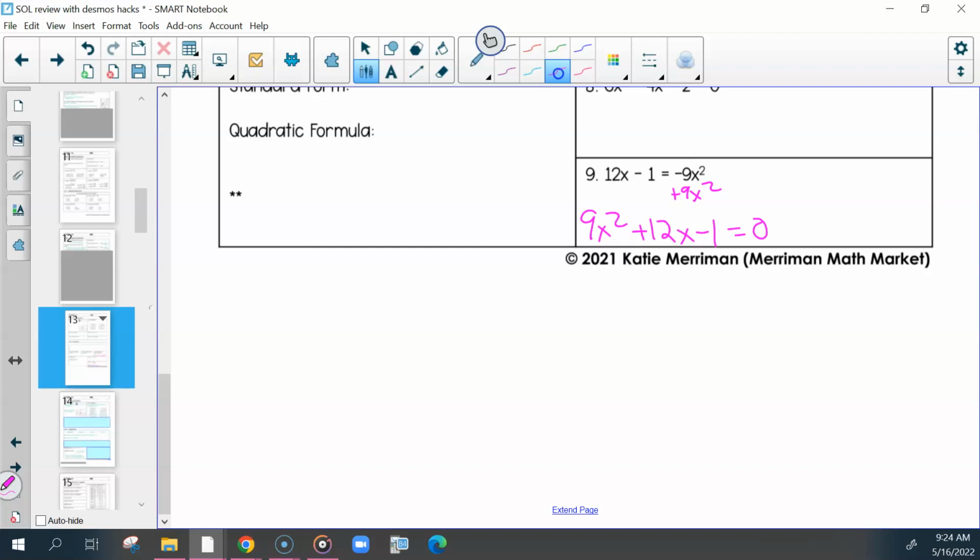There aren't any that work. So we would then use this formula. You were given A, B, and C values, and we're going to put those into all of this.